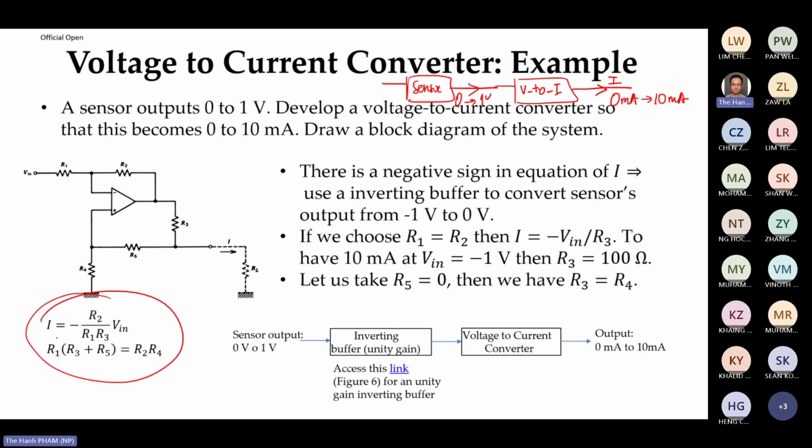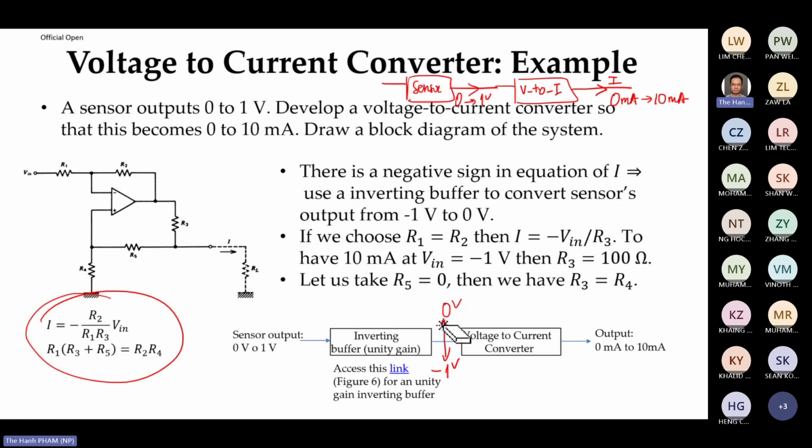Look at this. The formula for this is I equals minus R2 over R1 times V in. Because of the minus sign, the first thing is I will have an inverting buffer. So from 0 volt to 1 volt, I convert to 0 volt to minus 1 volt. So I just flip it, right?